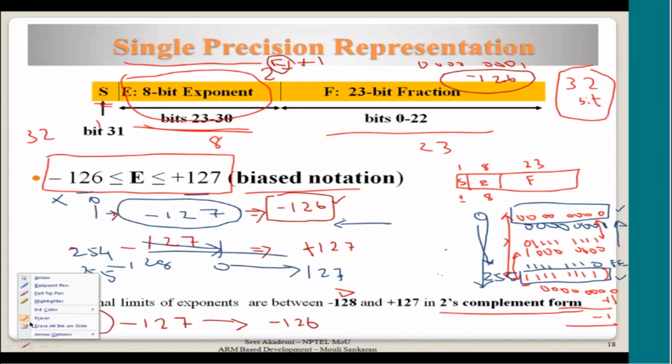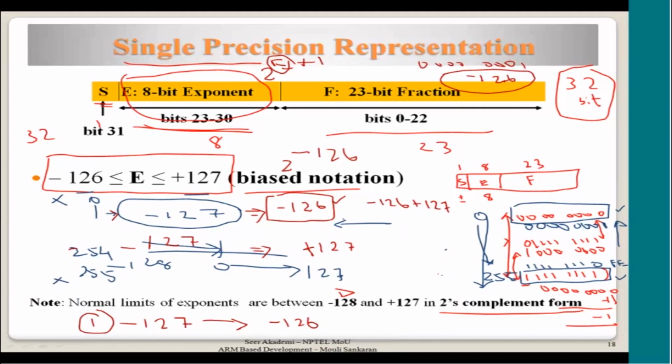So when I have a negative number, which happens to be 2 power minus 126, what do I do? I add a bias. So minus 126 is added with 127. This is the bias I am adding. What do I get? I get 1.